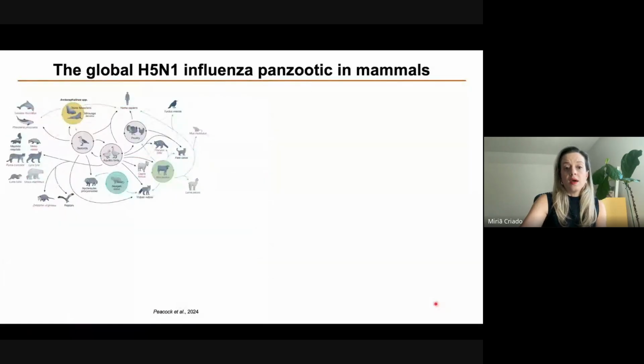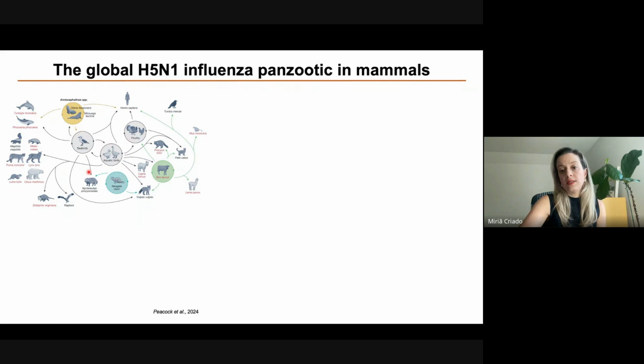Then if you think about this new scenario now that you have an infection not only in birds, but also spread out to other mammals, as you can see here highlighted on all the animals in orange colors.